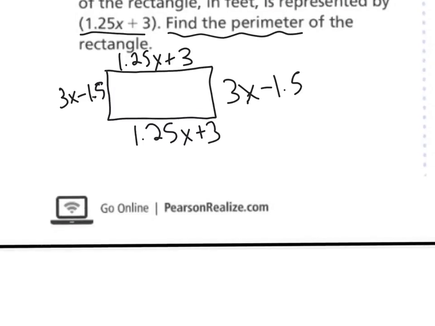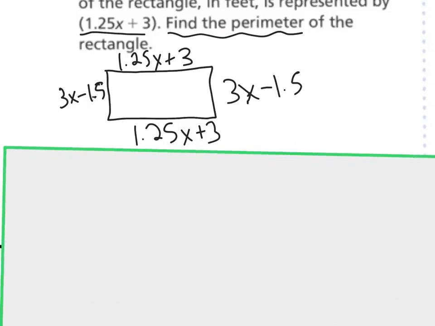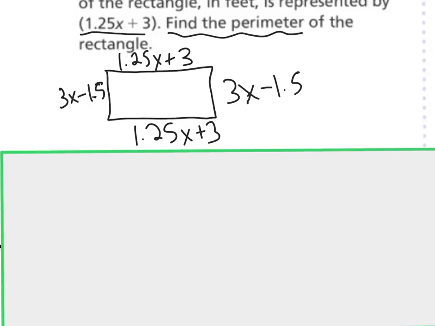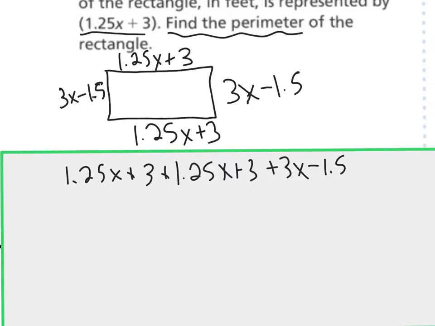So we'll be adding these together, then looking for any like terms that we can combine together. Any of these subtractions, if you want to add the opposites on those, you can. And we're just going to get our like terms together here.